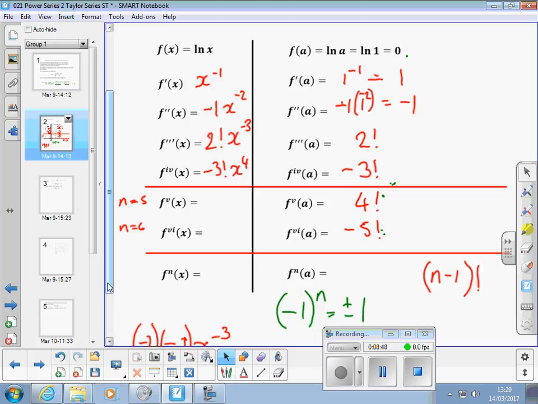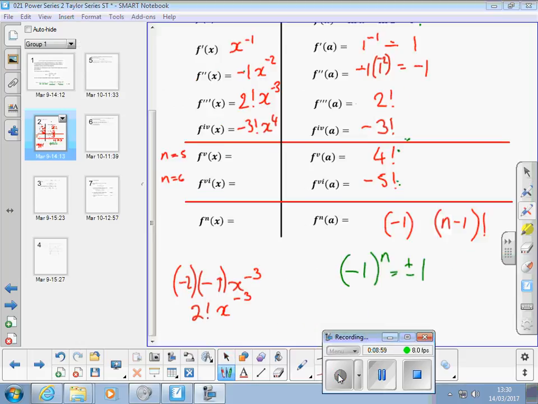Apply that to each of these ones and see if you get the right result. If we apply minus 1 to the n here, minus 1 to the 6, does that give me a positive or a negative result?